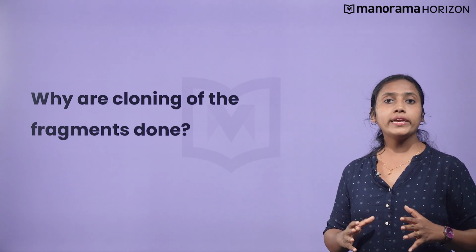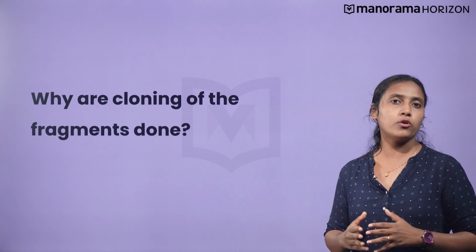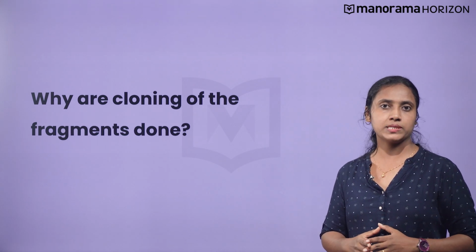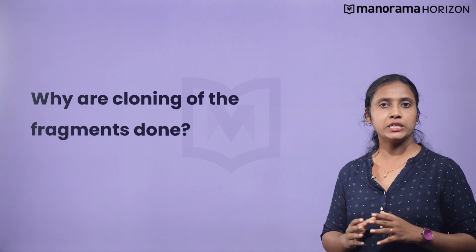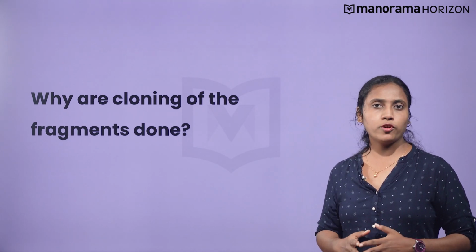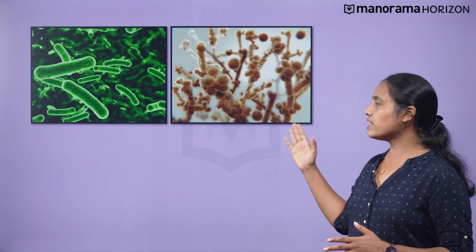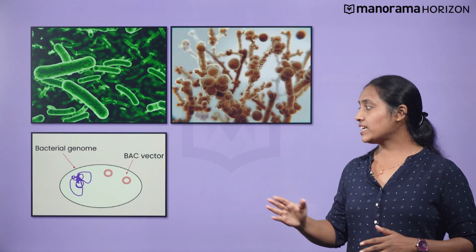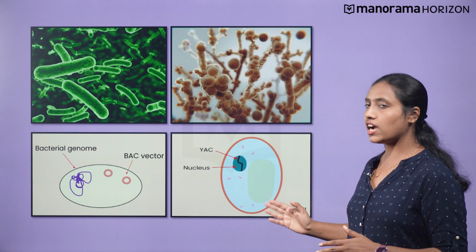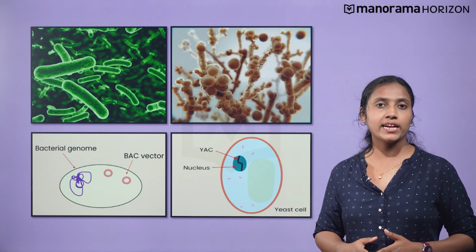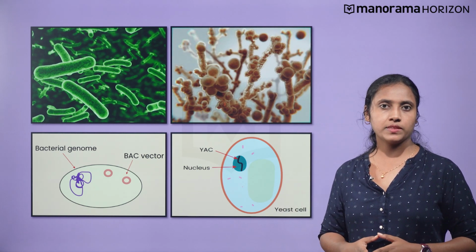Well, cloning helps to multiply the number of copies of the DNA fragments. Multiple copies help to ease the process of sequencing. The commonly used hosts for cloning were bacteria and yeast. Bacterial artificial chromosome, that is BAC, and yeast artificial chromosome, that is YAC, were the cloning vectors.